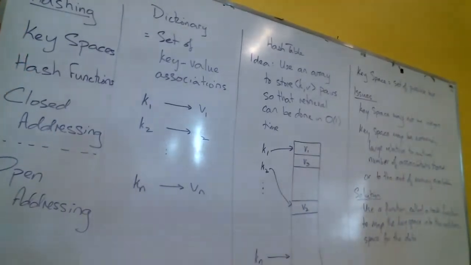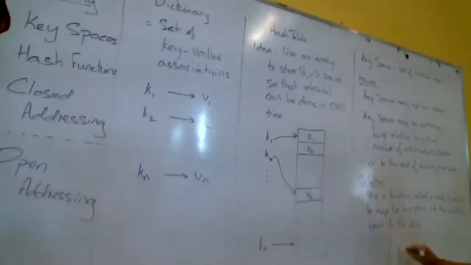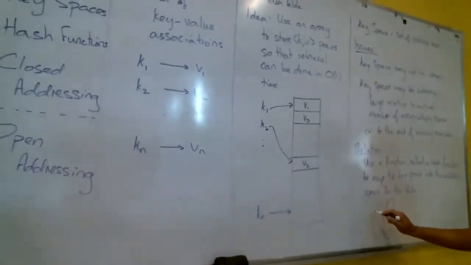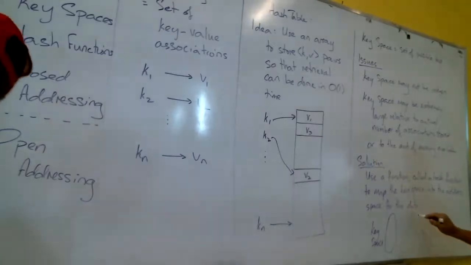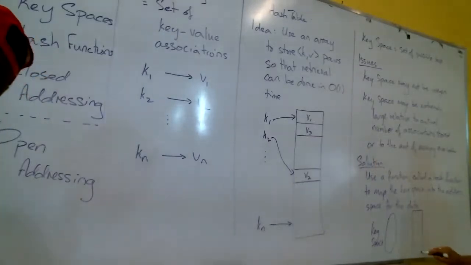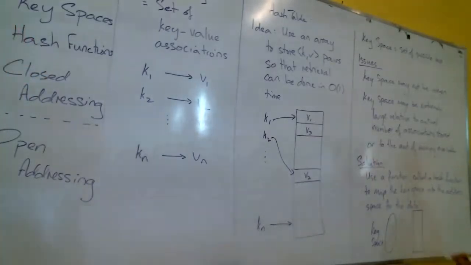But the general idea is that we're trying to come up with a function to do this. So if I have to draw a picture for this, if this is my key space, and here's my table of values, then I'll have a function, which is my hash function, that produces addresses.